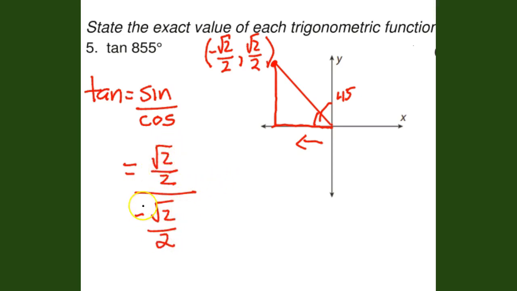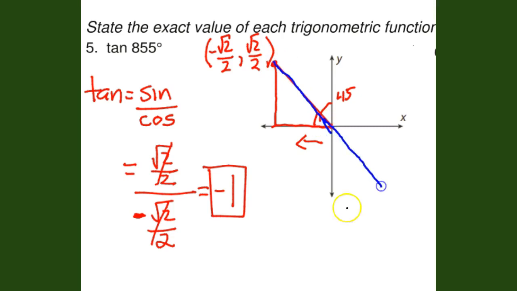Basically, these cancel out, top and bottom, left with a negative here, so we have a -1. And remember, tangent is the slope of the hypotenuse, so since this is a 45-degree angle, you can imagine that this right here, if you did a rise over run, would come out to a negative answer, right? Because this is a negative slope. That's another way of looking at it.